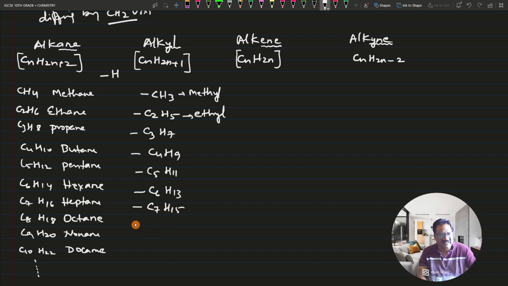One hydrogen I am removing. C8H17, C9H19, and this is C10H21. This is the homologous series of alkyl. So this is another family of hydrocarbon. How to name it? Methyl, ethyl, propyl, butyl.